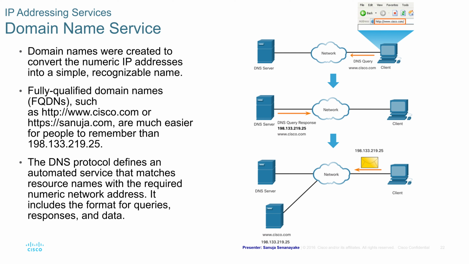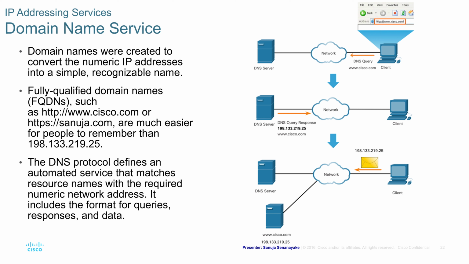The Domain Name Service or DNS protocol defines an automated service that matches resource names with the required numeric network address. It includes the format for query responses and data. So that's the primary role of the DNS protocol.